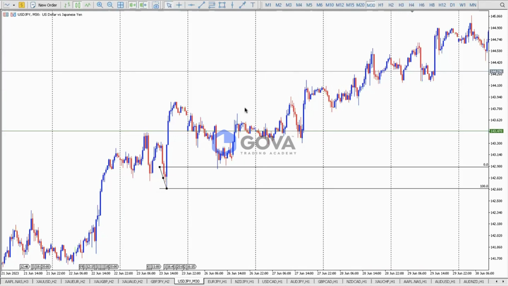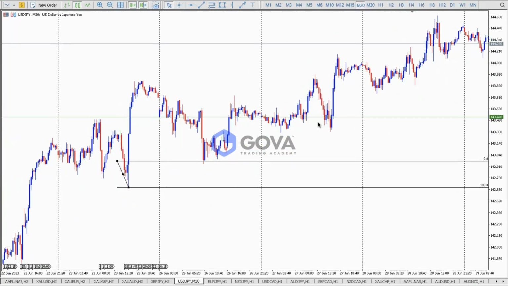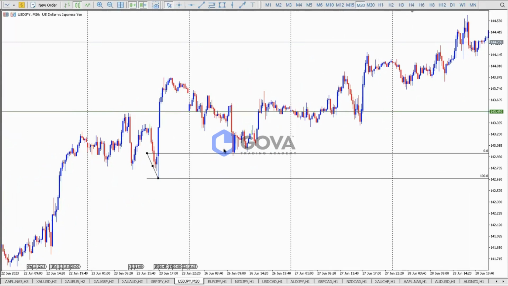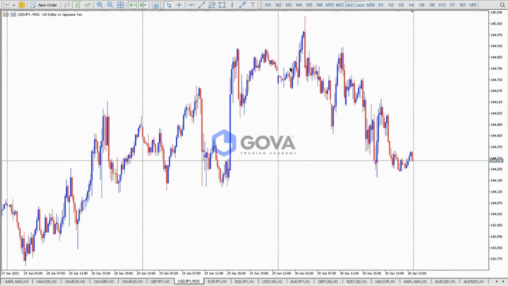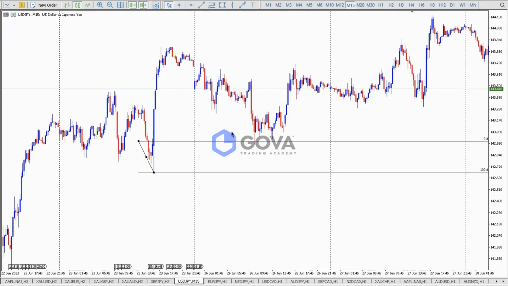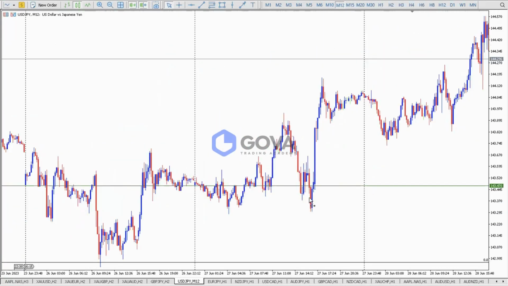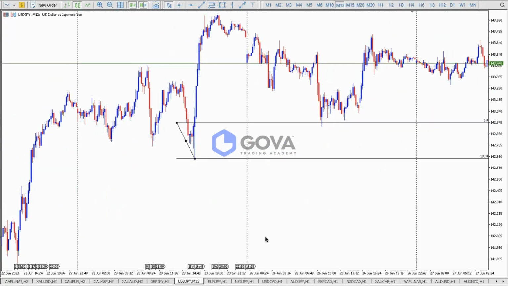So I'm going to mark my zone here. So personally, I miss this trade because I happen to mark my proximal line here.